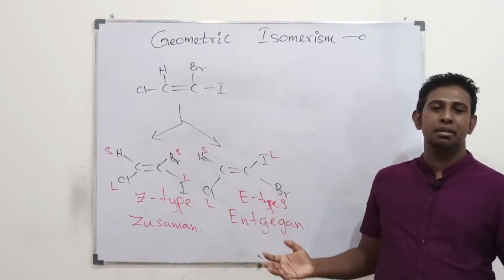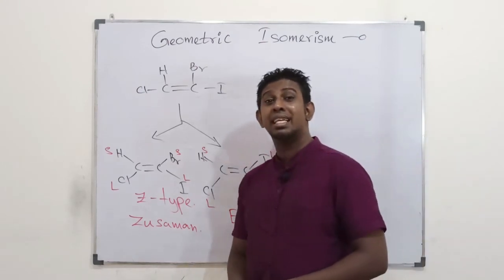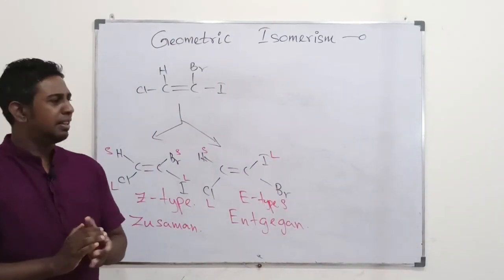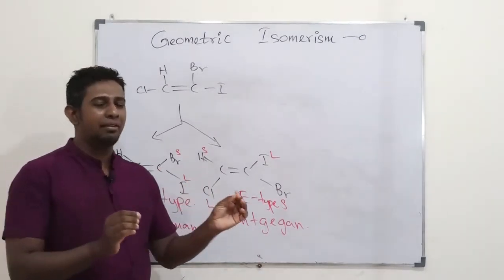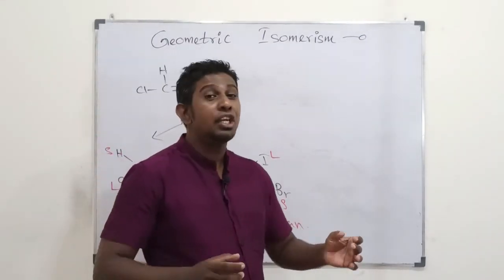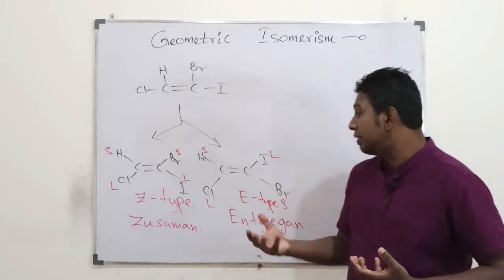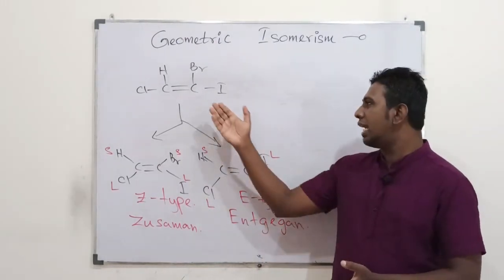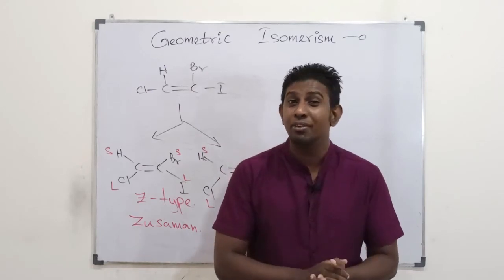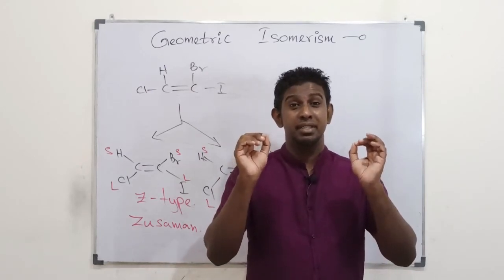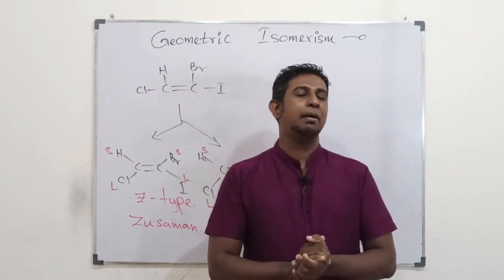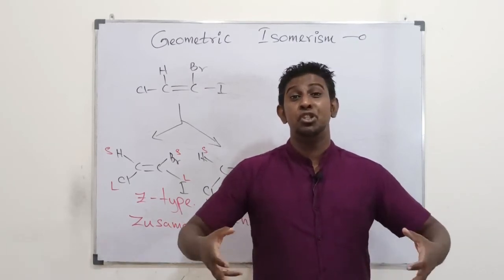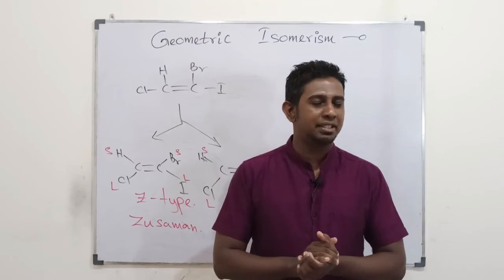This is E type. Okay students, that's how you could name them differently. It's the geometric isomerism. They are two different compounds with the same molecular formula as well as the same structural formula. That's the idea of geometric isomerism.